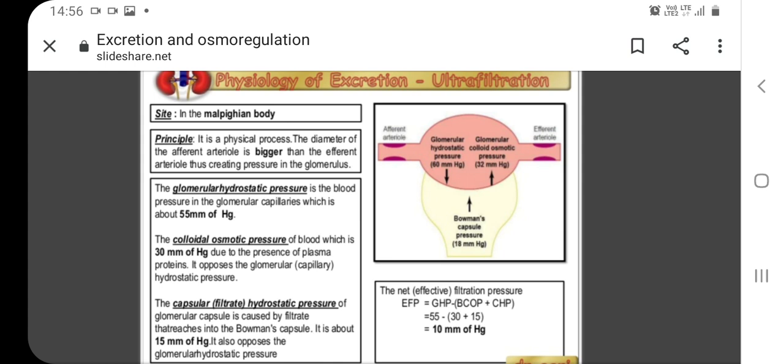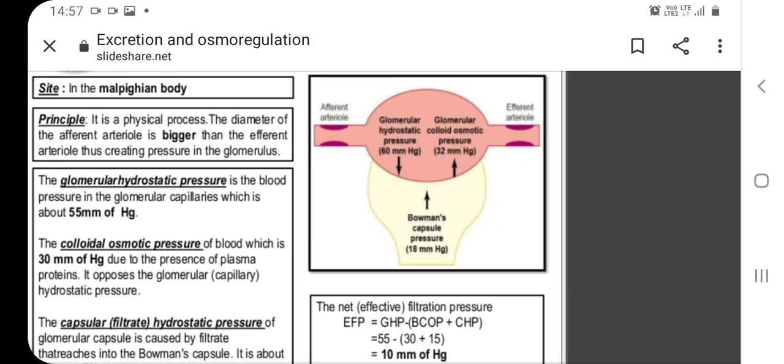Therefore, the effective or the net filtration pressure, EFP, is equal to the glomerular hydrostatic pressure, which is 50 mm of mercury, minus the sum of the glomerular colloid osmotic pressure, which is 30 mm of mercury, plus the capsular hydrostatic pressure of the glomerular capsule caused by the filtrate that reaches the Bowman's capsule.